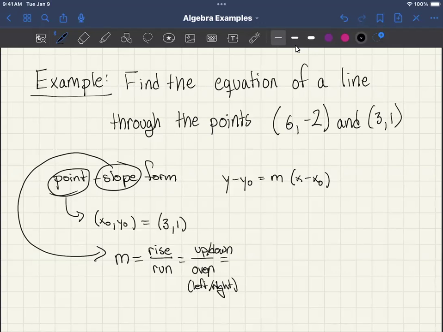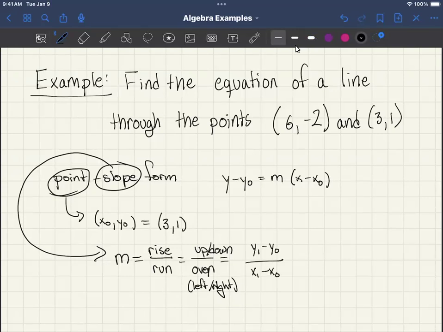A lot of times what we'll do is write this out as y1 minus y naught over x1 minus x naught.